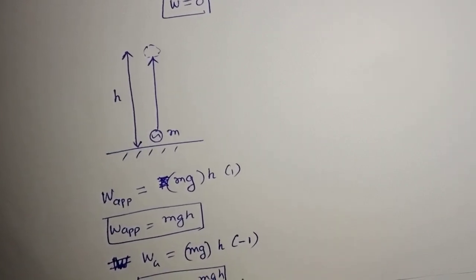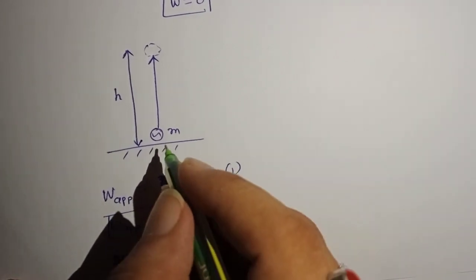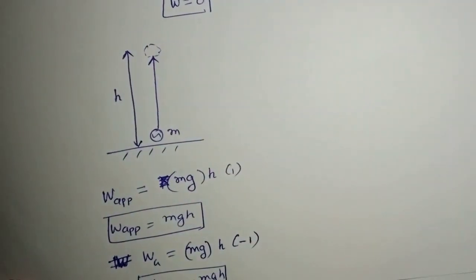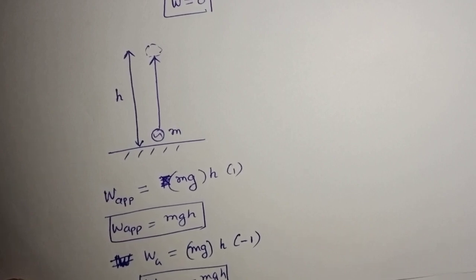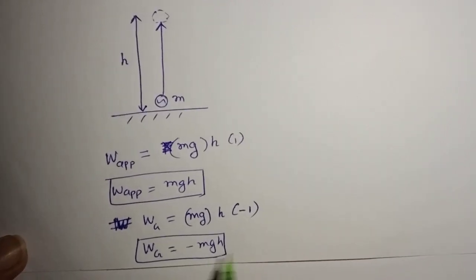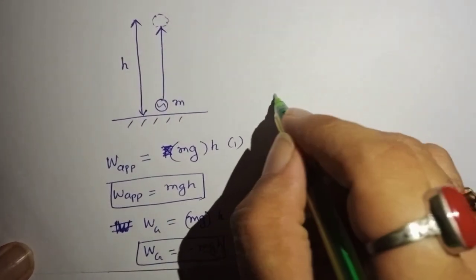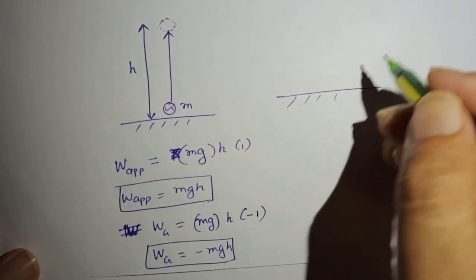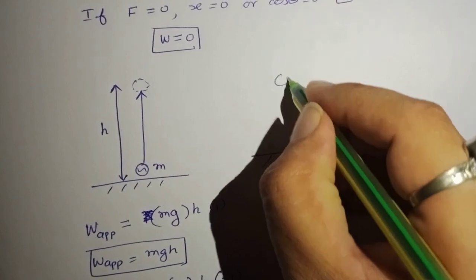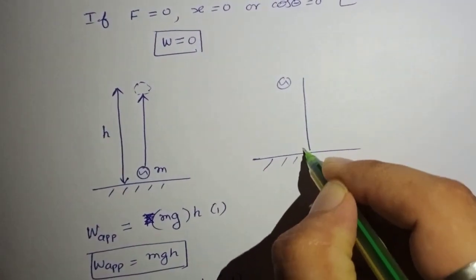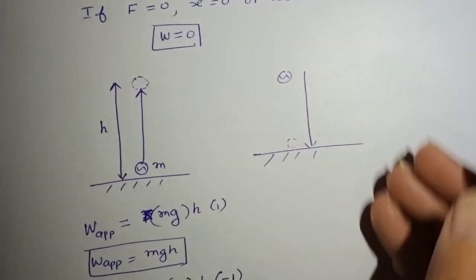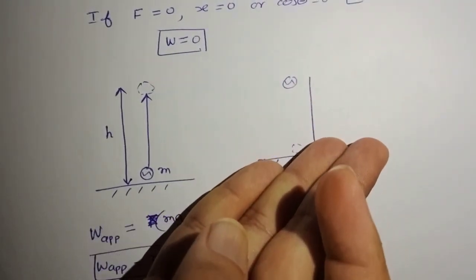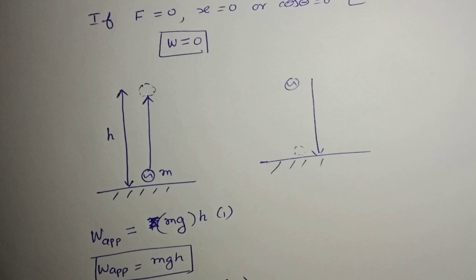When you lift a ball upwards and if you give a displacement h, work done by the applied force is positive and the work done by the gravitational force is negative. Similarly, if I move this ball from a height h to the ground, then when you are bringing the ball downwards, applied force is upwards only.